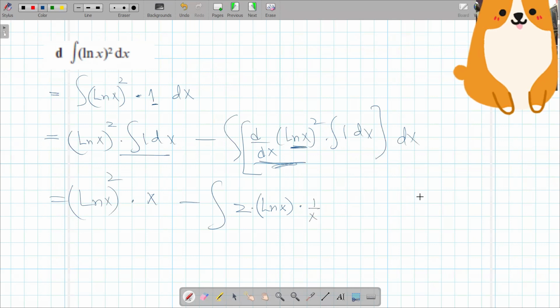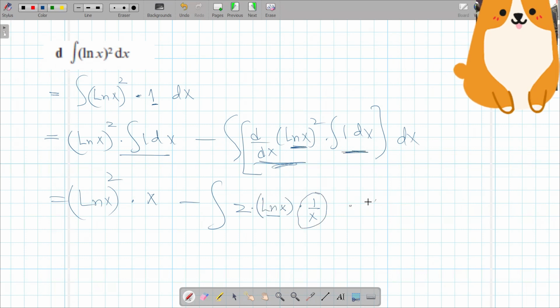Yeah, this is called the general power rule, right? The power will come down, one will be subtracted from the exponent, and the derivative of the inner function will be multiplied.